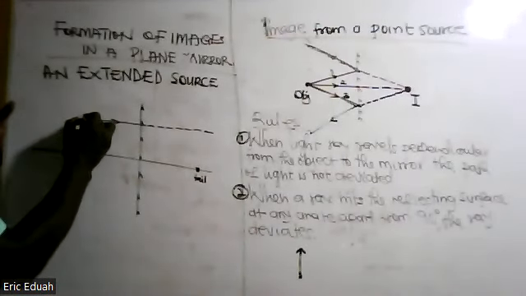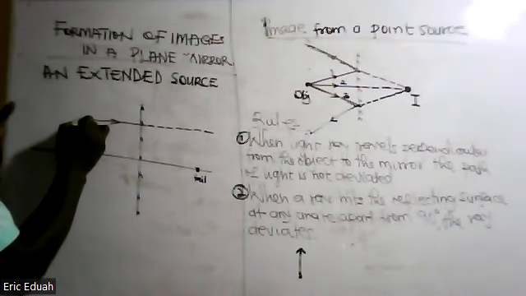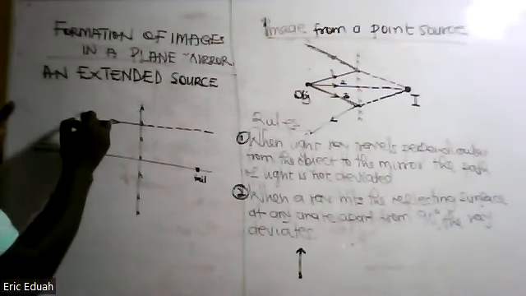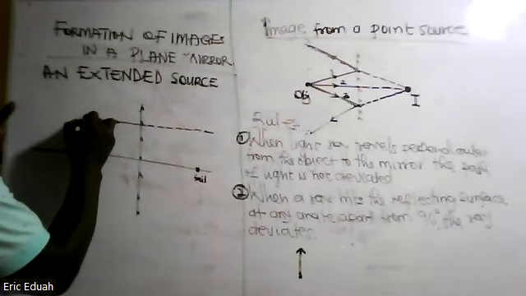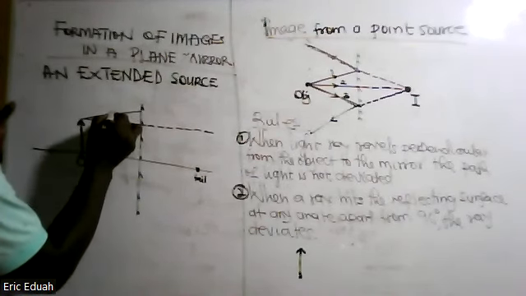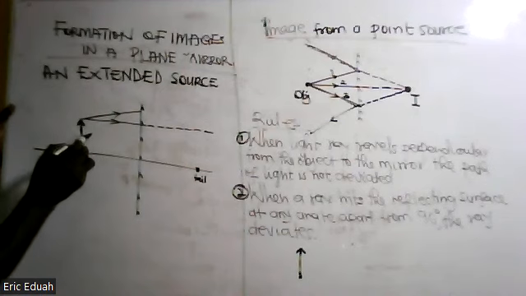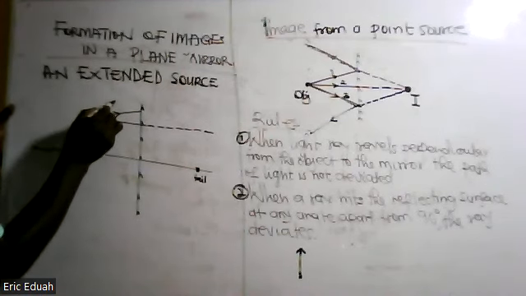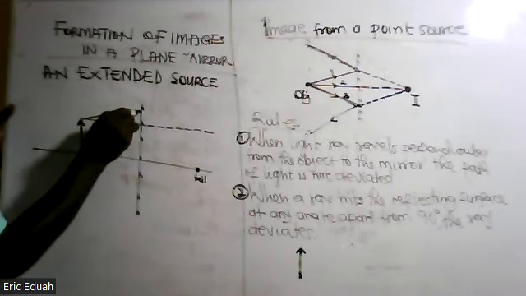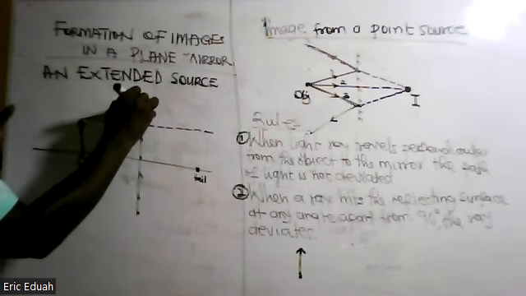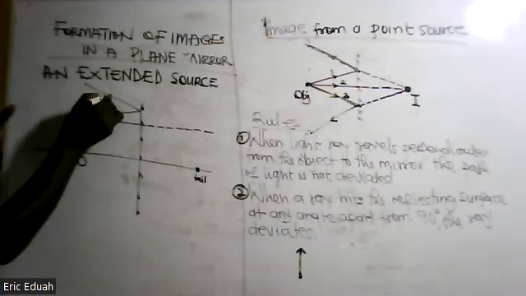Now, if I draw a ray hitting the mirror at an angle other than 90 degrees, it reflects to obey the second law of reflection.